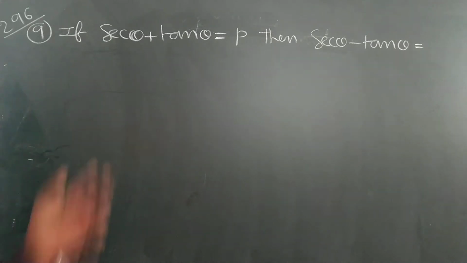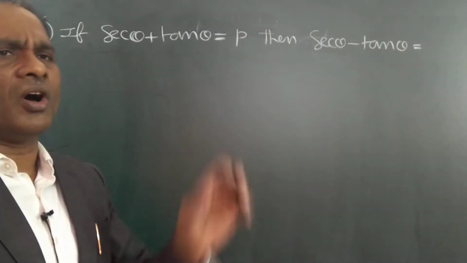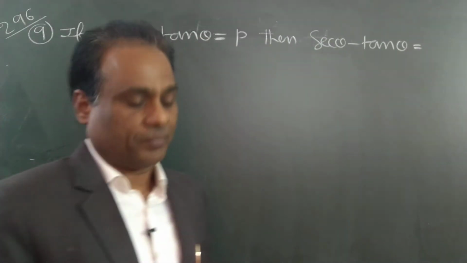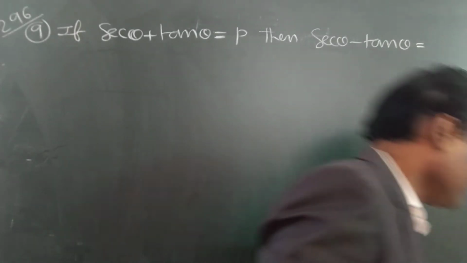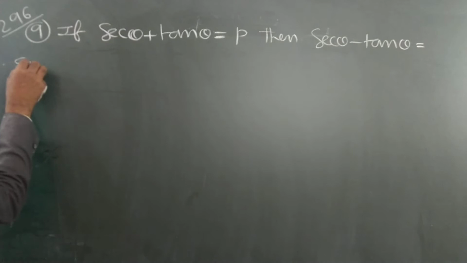Simple. It is not a big problem. It is only a small, maybe 1 mark question, like objective type. Secant theta plus tan theta is equal to P. Then what is secant theta minus tan theta? See here. Solution.